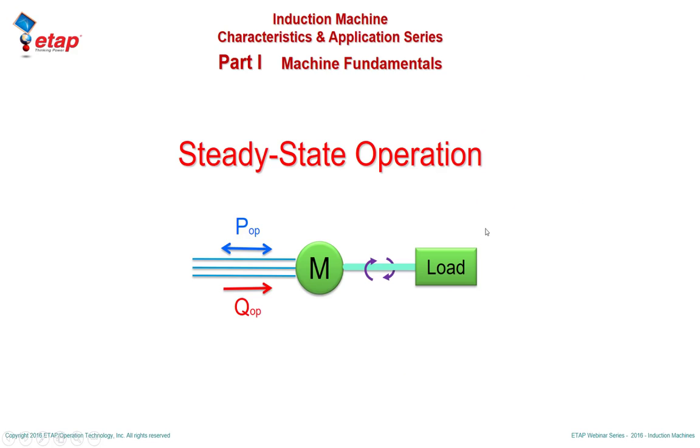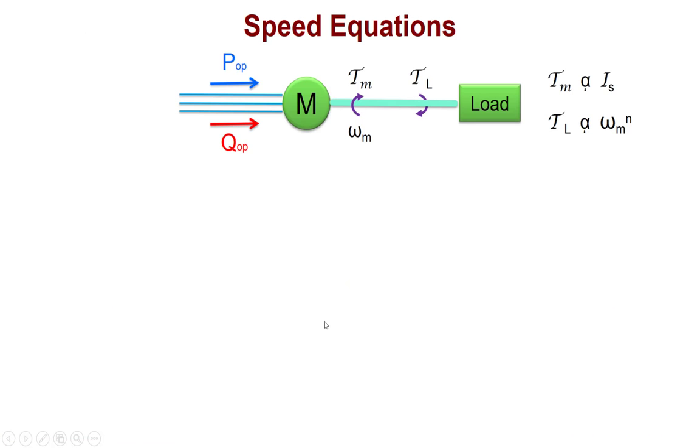The next topic is looking at the steady state operation of the machine. In steady state operation, from the stator side, you have P and Q going into the motor. It generates a torque T sub m at omega m.